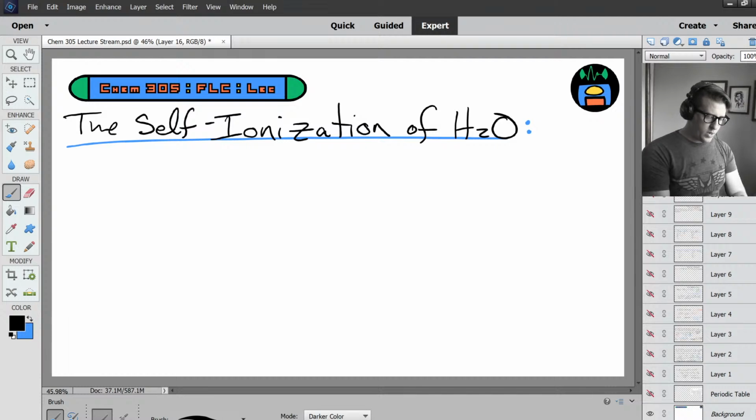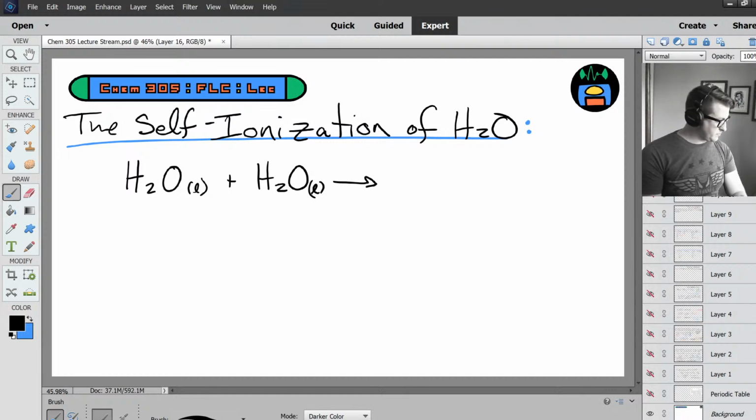There we go. What happens when one water molecule bumps into another one? Well, this water molecule is going to be an acid, and this water molecule is going to be a base.